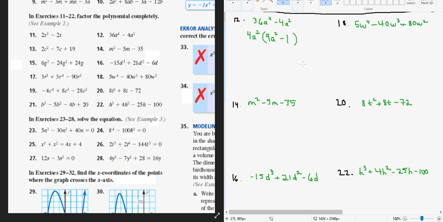All right, so again, we factored out the greatest common factor, but we need to factor completely. We always want to factor completely, not just because the directions tell us to do so. So here, this piece right here, this binomial, is the difference of two squares.